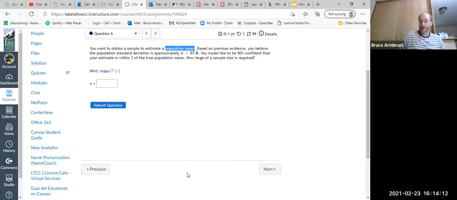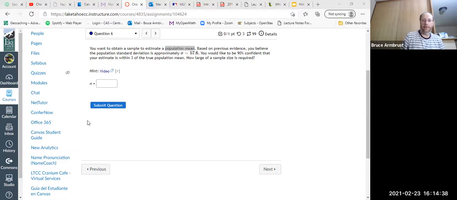Again, we needed to know that so that we use the correct formula, right? Because we find it in a slightly different way. All right, well, here we go. So we are given a population standard deviation, which means we're using z-scores again.